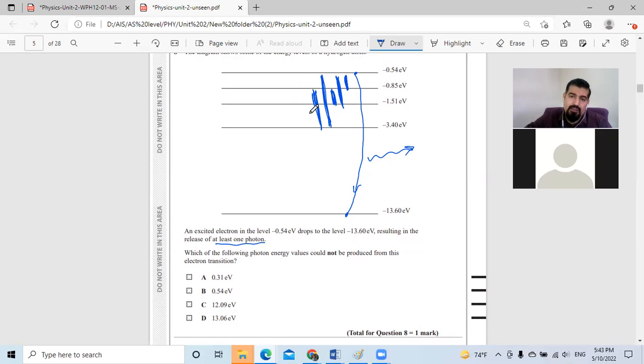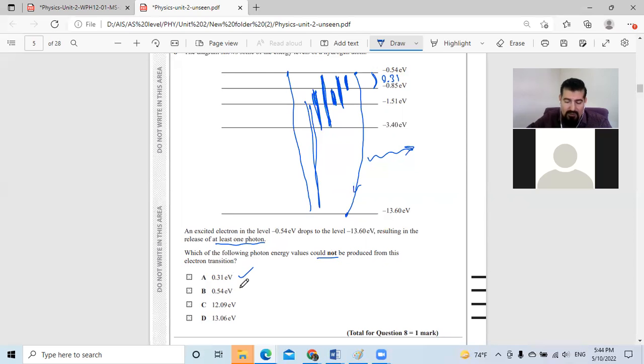You have to check if these values are equal to the differences or not. Look here, 0.31. It's from here to here. This is 0.31. So A is not the answer.